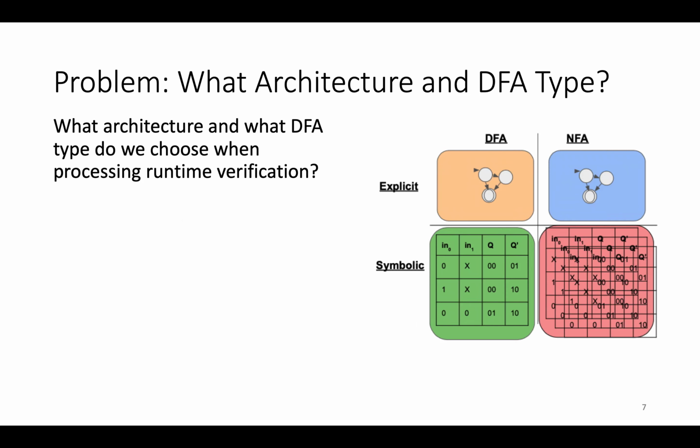These differing DFA architectures, either explicit with hardware dedicated to each state, or symbolic with truth tables that represent state transitions, as well as trade-offs between DFAs and NFAs, where DFAs can be minimized for cheaper and require fewer bits in their state representation, while NFAs can have worst-case exponentially fewer states than the DFA equivalents, represents the solution space we explore with our work.